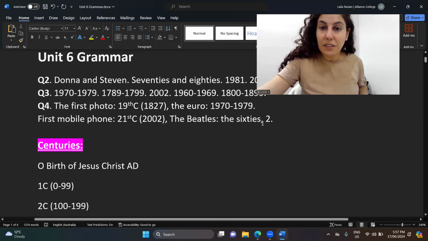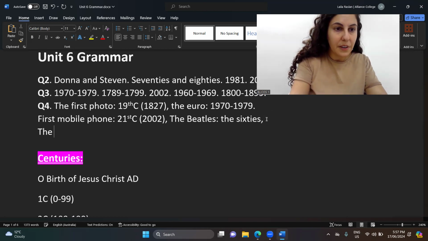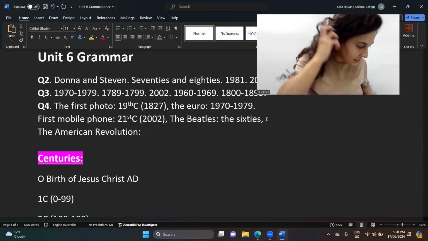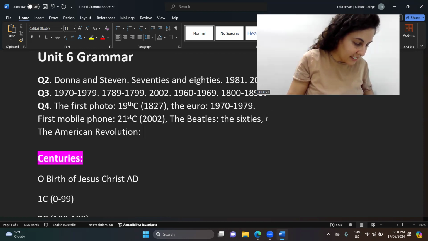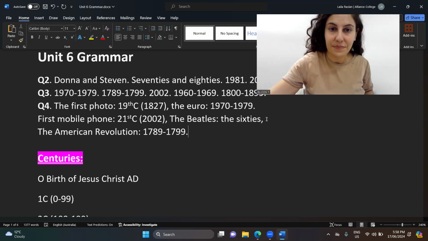And the American Revolution, which was a period of war in America. The American Revolution was at the end of the 18th century. So it was sometime from 1789 to 1799.